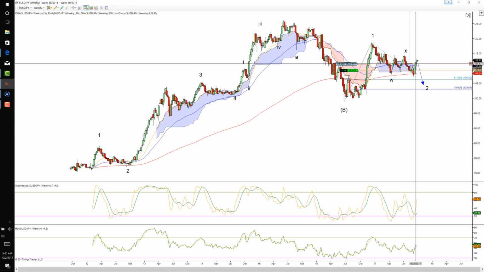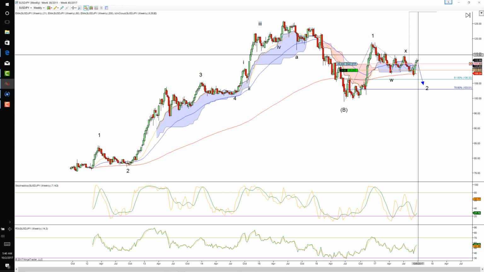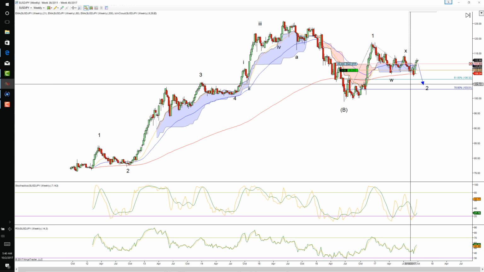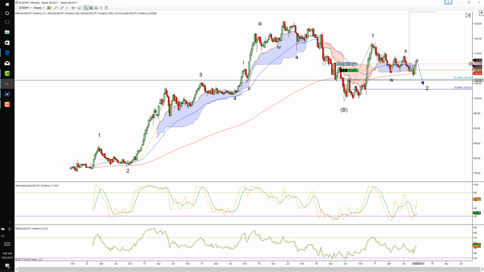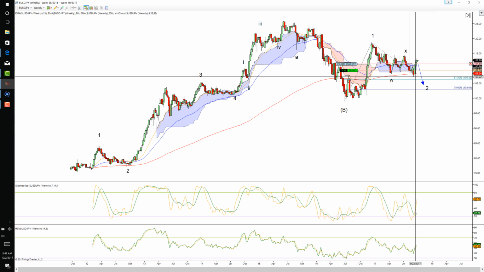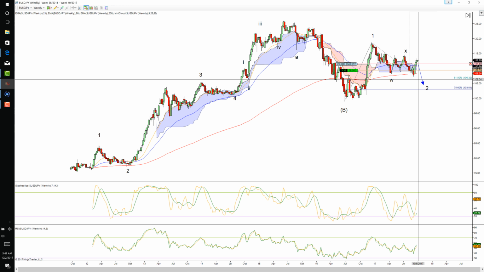Once price broke this particular resistance level, where the Ichimoku cloud was at 111.72 or so, I am expecting price to find its next resistance level near the 114 area. And if that's the case, then I'm going to go ahead and move my wave 2 to this bottom, and it'll be safe to say that wave 2 is in place.